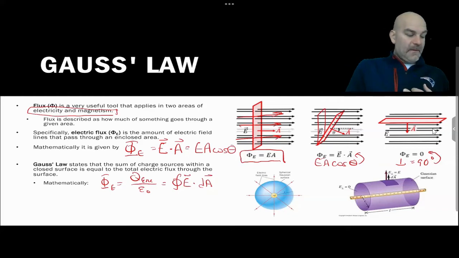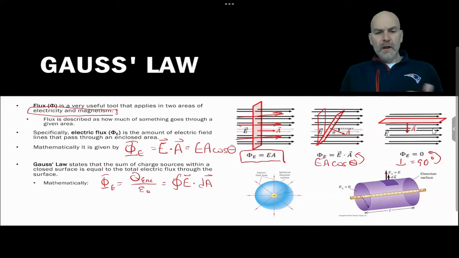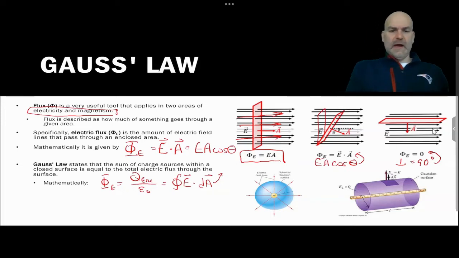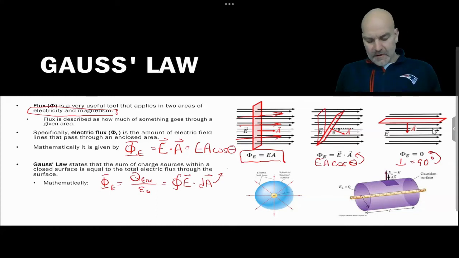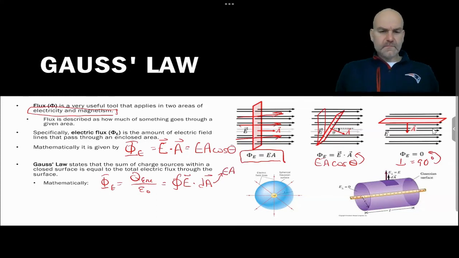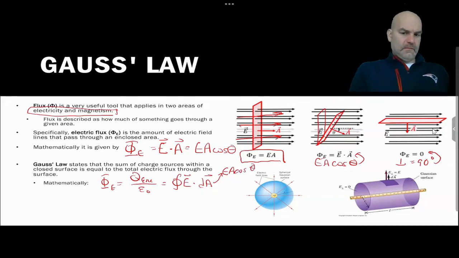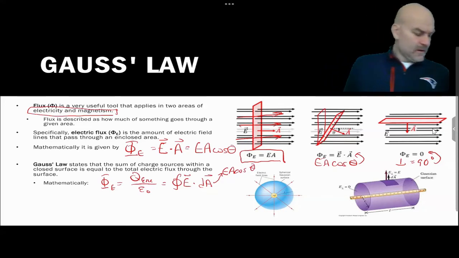Here in AP Physics C, it looks like a difficult integral. In Calc 3, we call this a surface integral because we're looking at all these different surfaces. But the important thing is, for us in this class, it's just going to be EA cosine theta, depending on if you have angles involved.